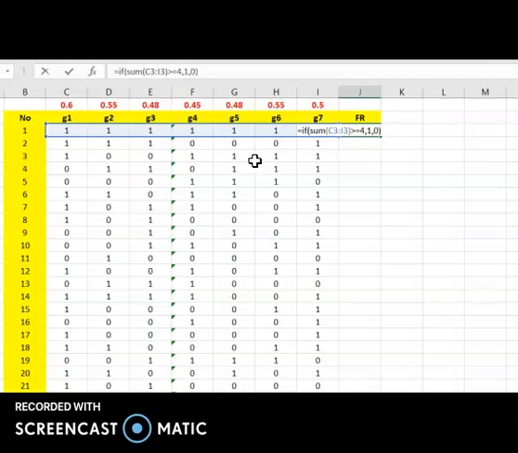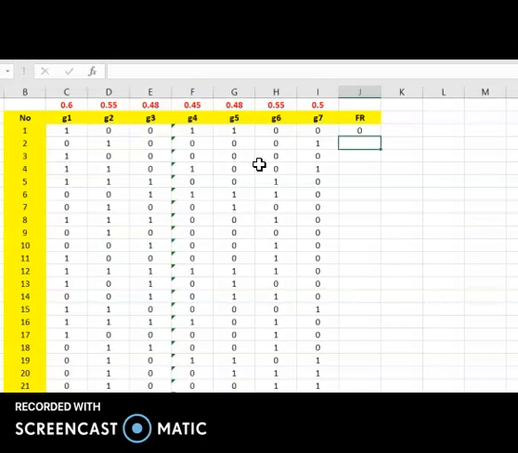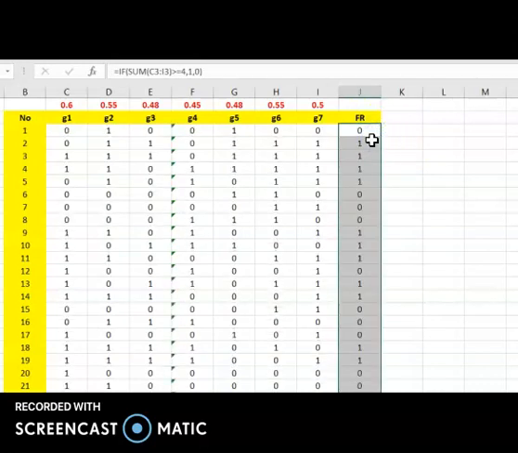Okay, so I have done it very simply. If the summation of all these is greater than or equal to 4, Atlanta would be the winner. Okay, so I'm going to populate it and see if it works.